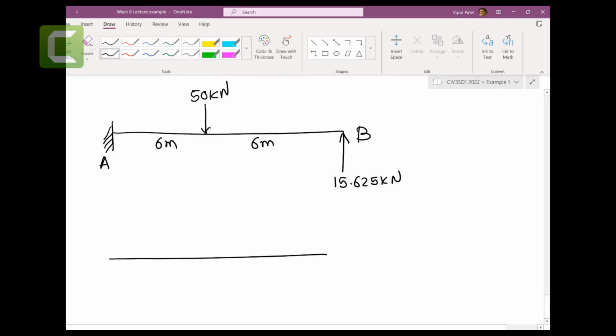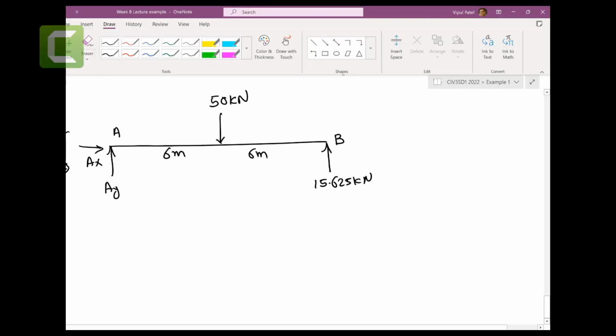We can draw the free body diagram: AY, AX, MA, 50 kilonewtons, 6 meters, 6 meters, and point B has 15.625 kilonewtons.